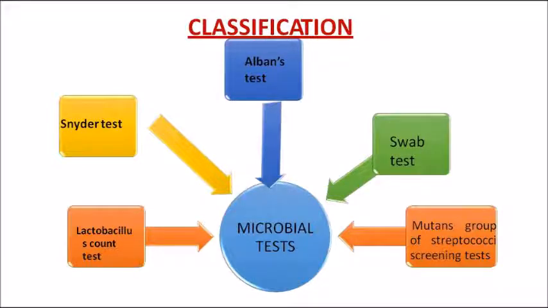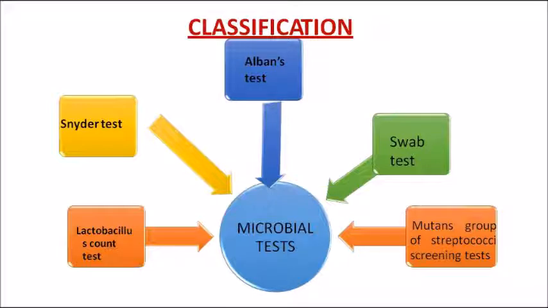We have microbial tests, mutans streptococcus screening tests, and tests for evaluating salivary defense. So there are three broad categories. Under microbial tests, we have Albans swab, mutans group of streptococcus screening test, lactobacillus count test, and Snyder test.